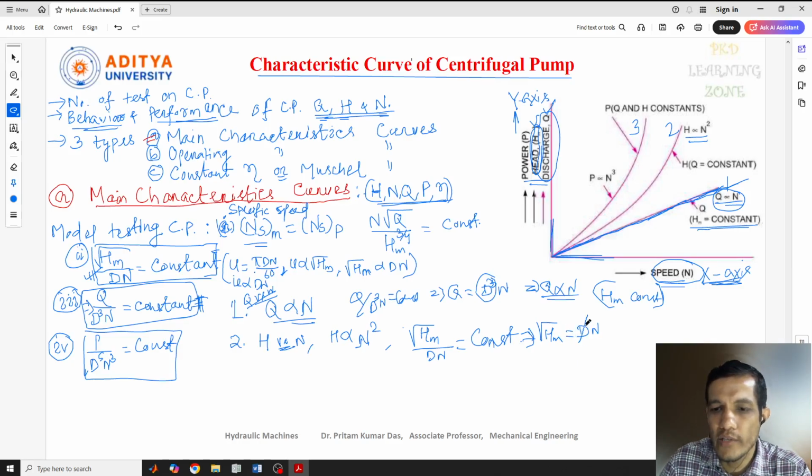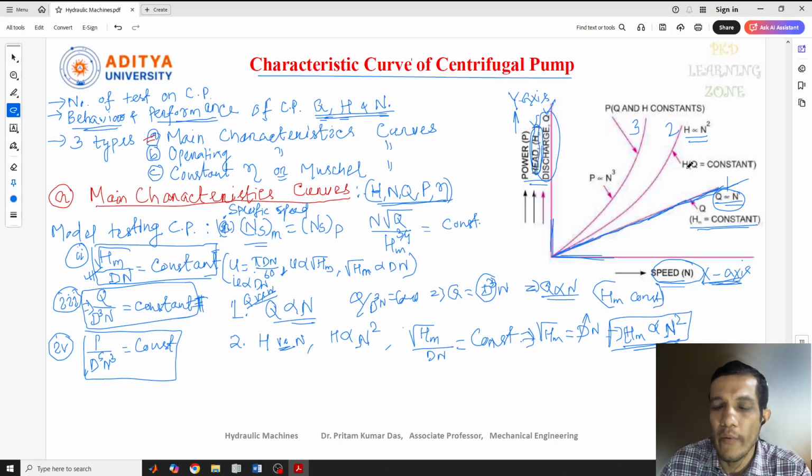As I told you, diameter is a constant term. So Hm is directly proportional to N square. I'll take the root over out and make the other side a square, so we get this relation. That means the manometric head is directly proportional to the square of speed.